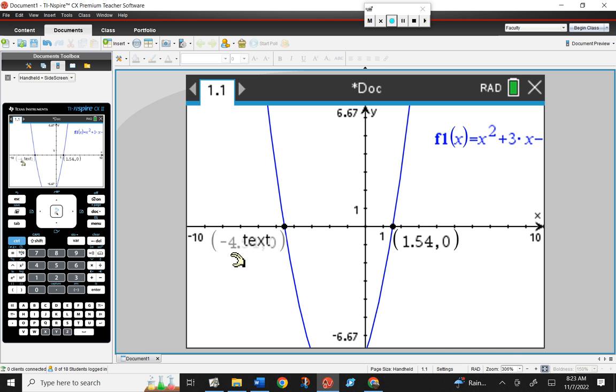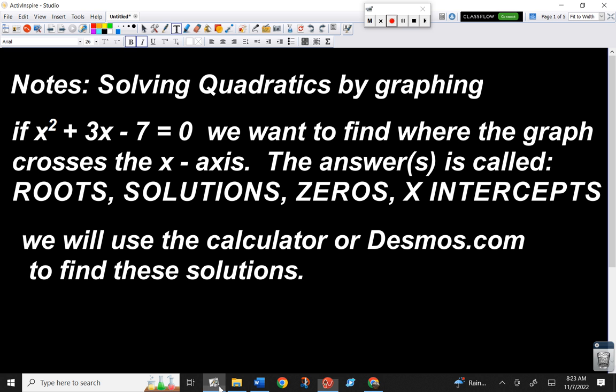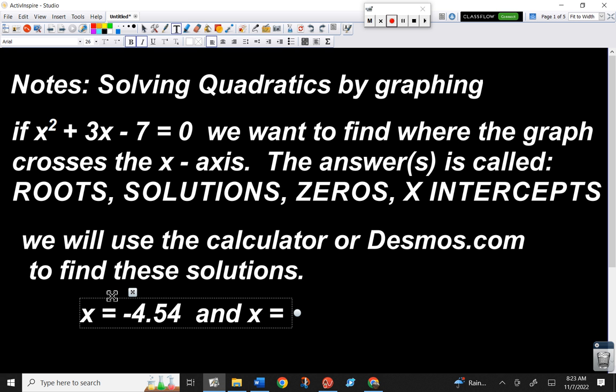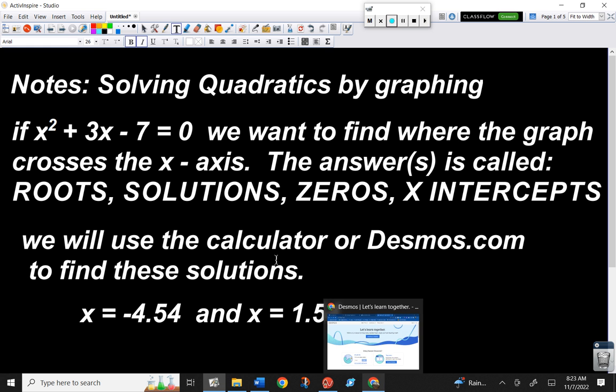You're going to write x equals negative 4.54 and x equals 1.54. And that's our answer. These are the solutions, the roots, the zeros, the x-intercepts. Pretty easy, huh?